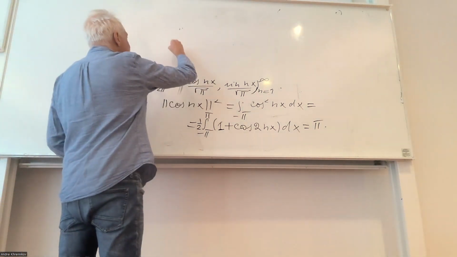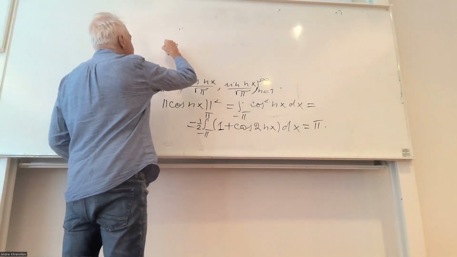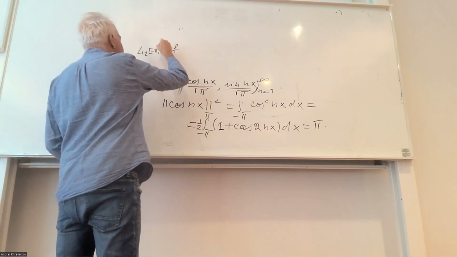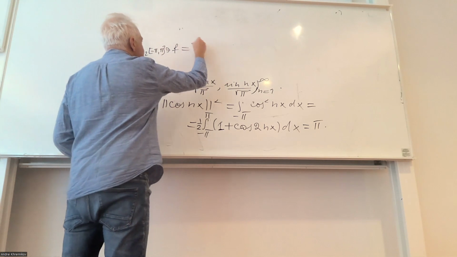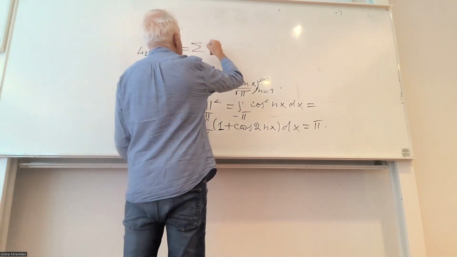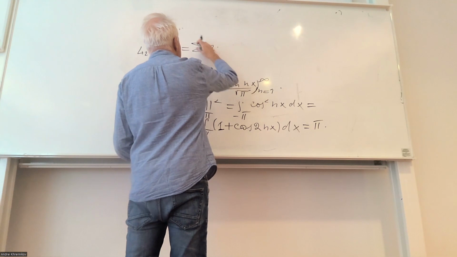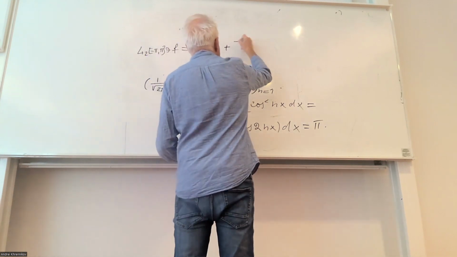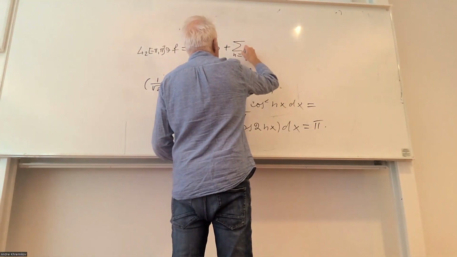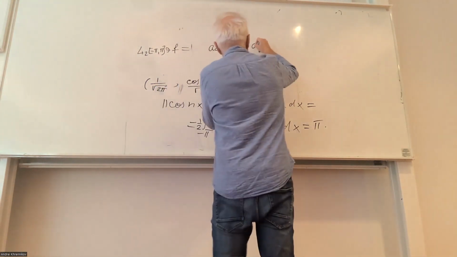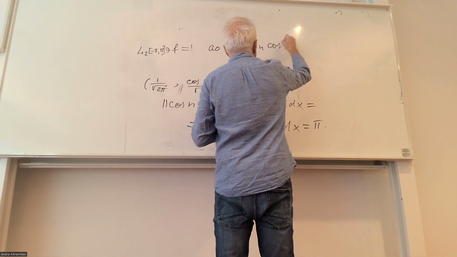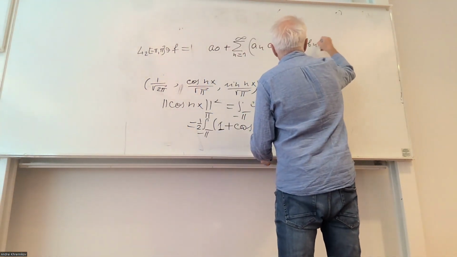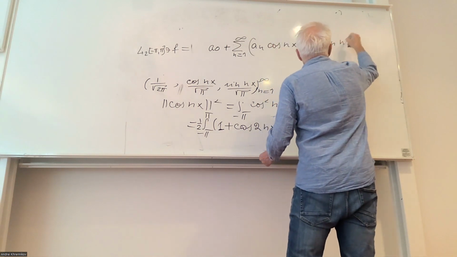So now we can write any f, an element of L2 from minus pi to pi, as a sum with some coefficients: a0 plus the sum for n from 1 to infinity of an cosine nx plus bn sine nx.